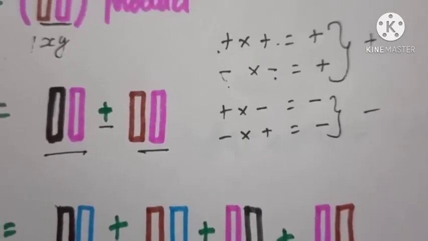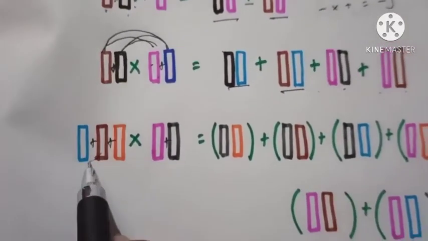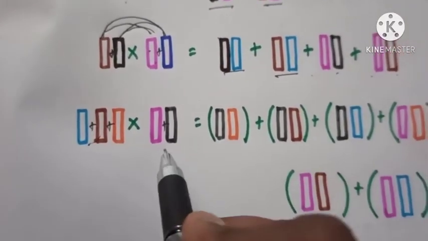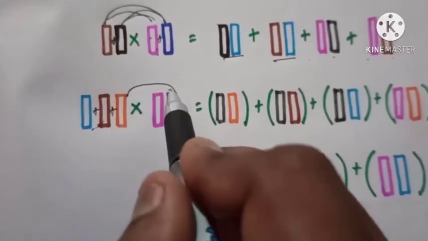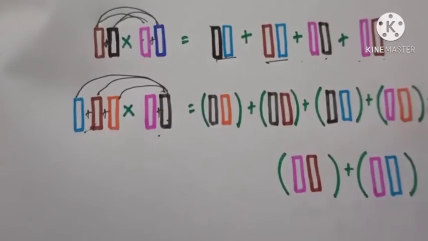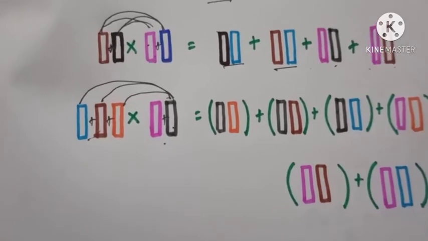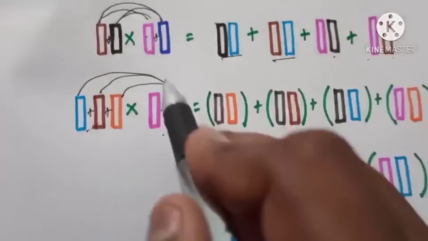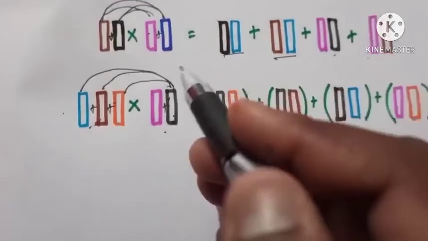Next we move on to trinomial with binomial. First I take this black term and multiply it with the first, orange, brown, blue. It may be any variable, any numbers, whatever it is, you just multiply the first term with these three terms.